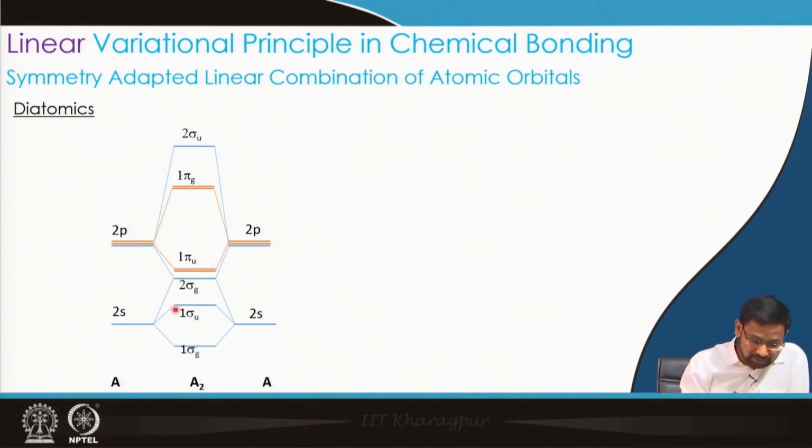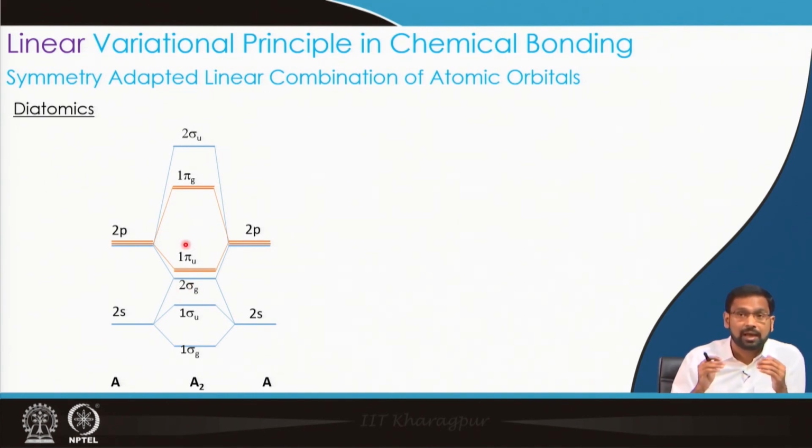So, while this region with 1 sigma g and 1 sigma u, as well as this region, remains more or less similar no matter which atom you consider in your second row of the periodic table, this 1 pi u and 2 sigma g can switch their relative position. That means 2 sigma g can be greater than the 1 pi u orbital.